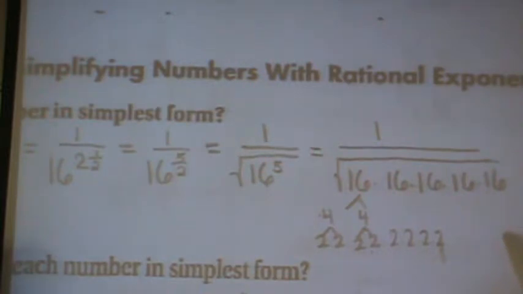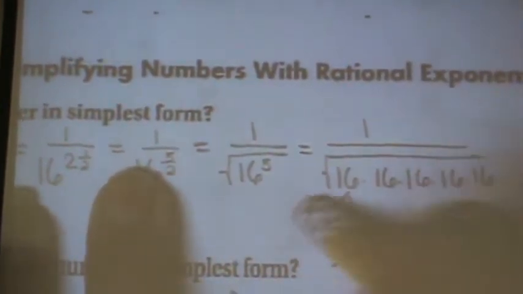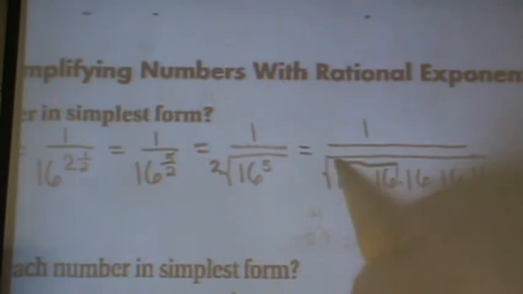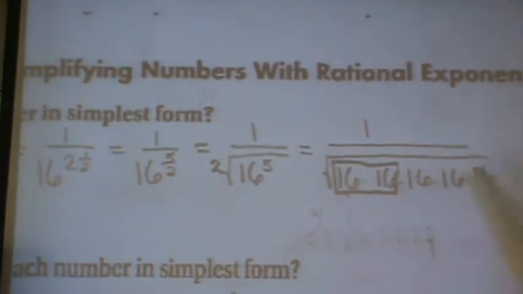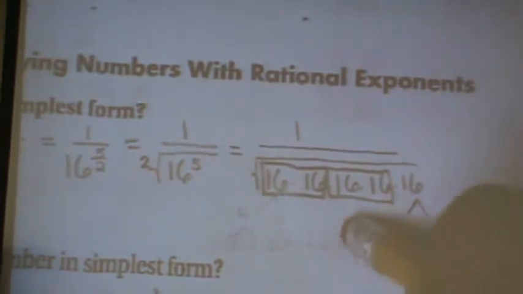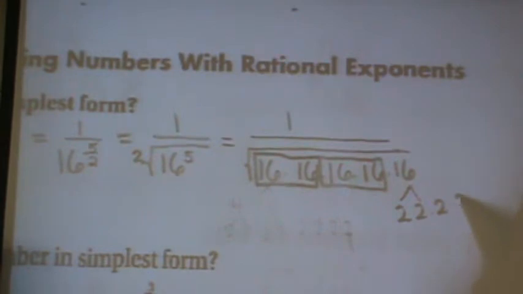That's one way of doing it, but that's too long. Let's group it easier. How many of a kind are we looking for? 2. Do you see 2 of the same number? Yeah. Do you see 2 more of the same number? Now, what is this? This is 2 times 2, 2 times 2 times 2 times 2.